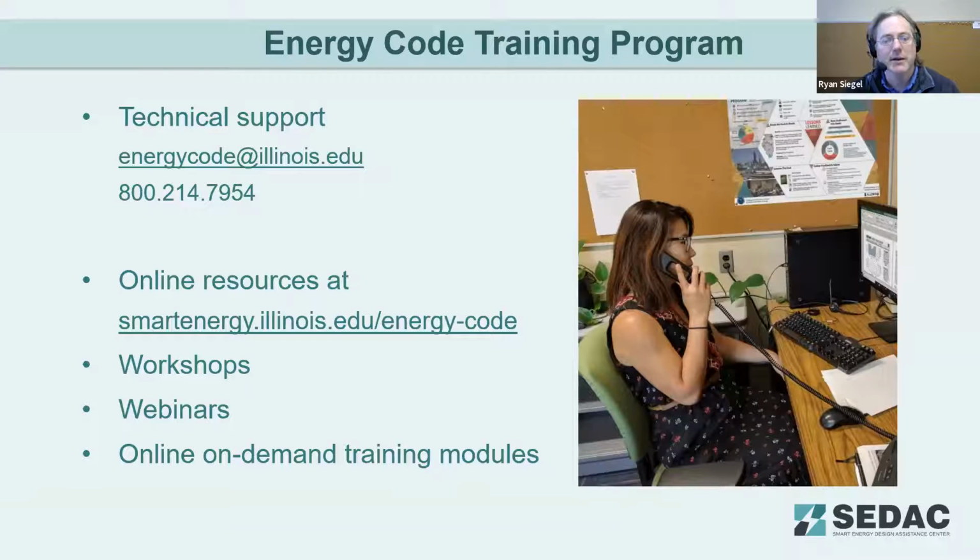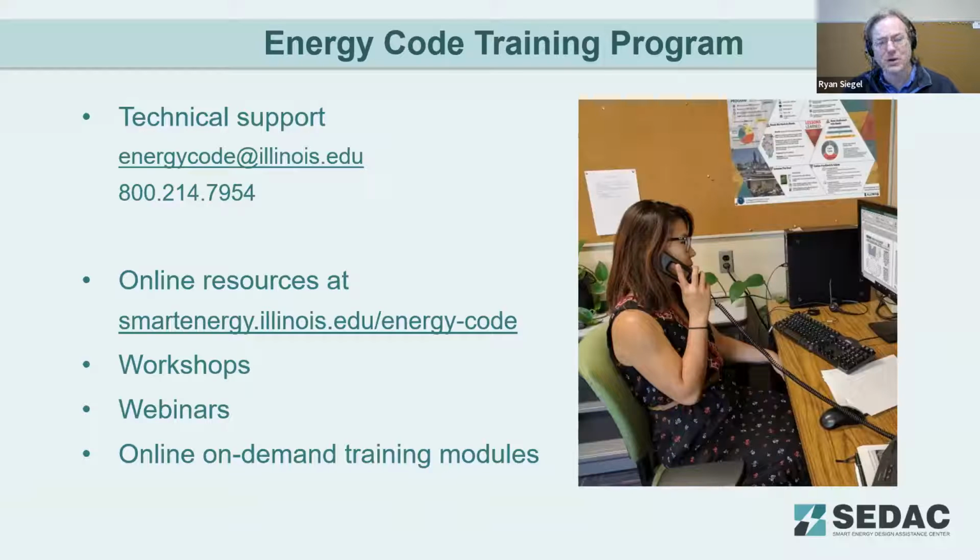Things like that, or design review where, hey, I had this submitted for plan review. Does this kind of fit with the state energy code or not? Feel free to reach out to us. This is available for any projects here in the state of Illinois. So that could be building owners, occupants, code officials, design teams, contractors, etc.